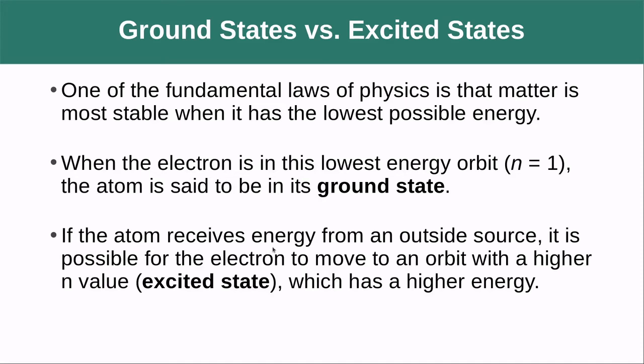If the atom receives energy from an outside source, it is possible for the electron to move to an orbit with a higher n value, and this is going to be an excited state. I think you guys have noticed that as I've been talking through this, I'm talking about exciting electrons, and that is what happens when an electron moves from a lower energy state to a higher excited state.